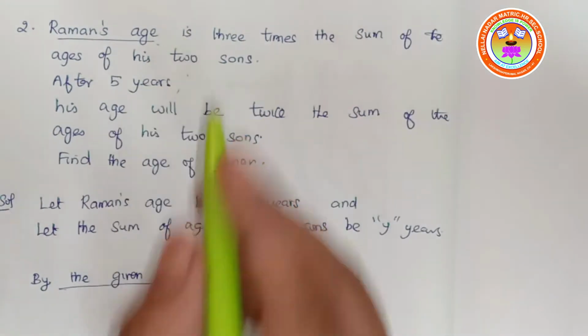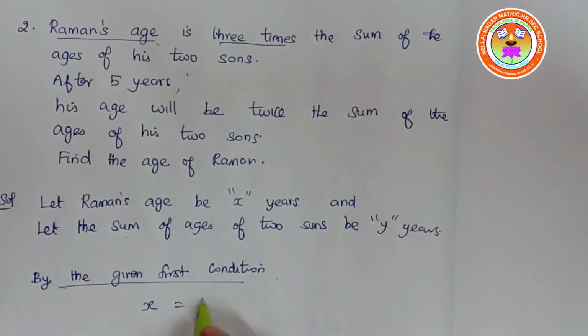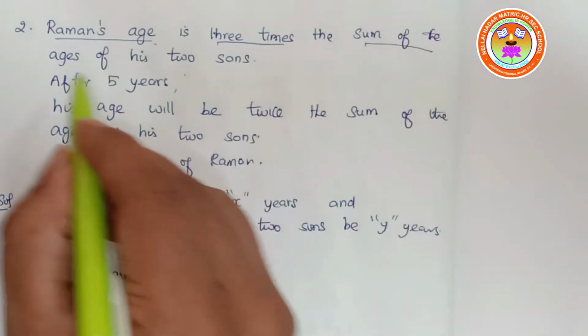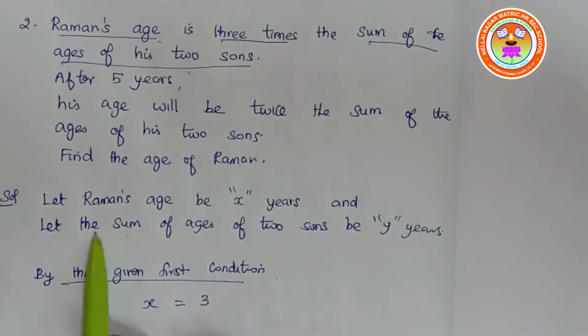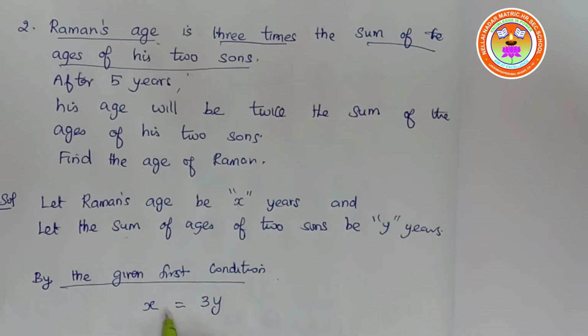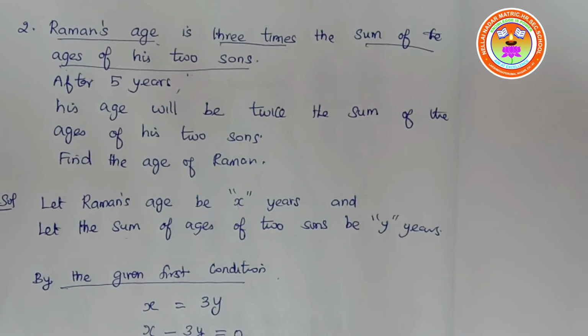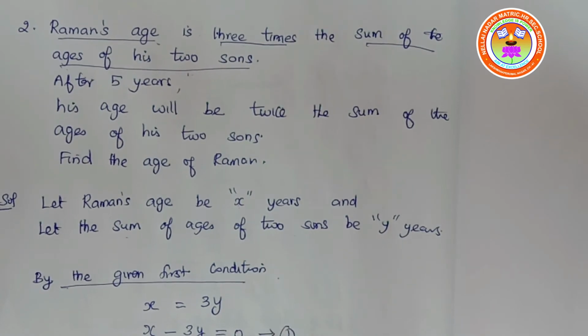X. Is equal to 3 times, 3 into the sum of the ages of two sons. Sum of the ages of two sons is what? Y. So x is equal to 3y. It's clear, children, that you can write x minus 3y equal to 0. You consider this as equation number 1.